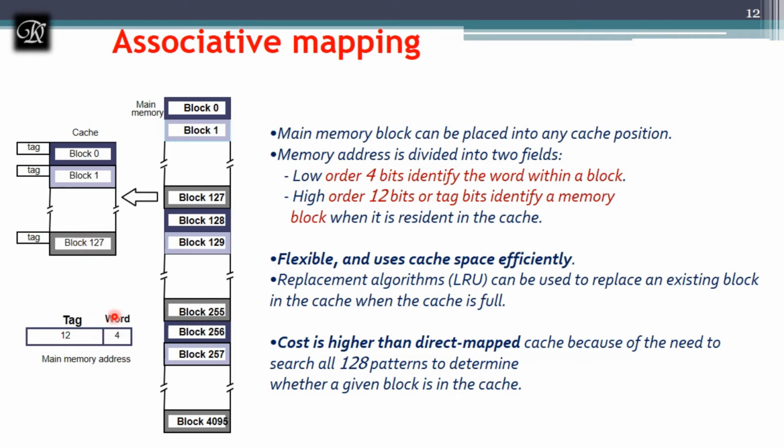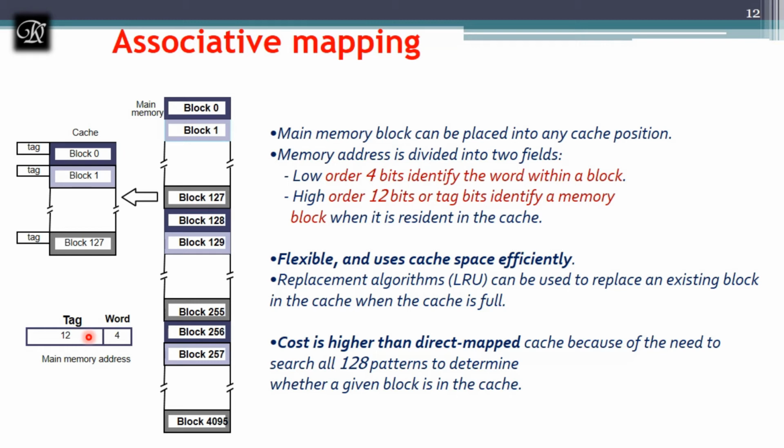Before that, the given 16 word lines, as we divided in direct mapping, similarly we are going to divide over here. The first 4 bits are given to word offset, which is standard like main memory. The remaining 12 bits are given directly to the tag bit. There is no extra division of block number and tag, because we are not going to use any modulus operation.